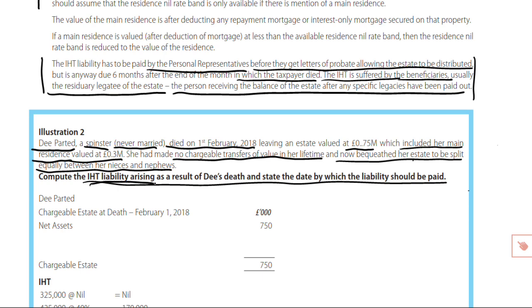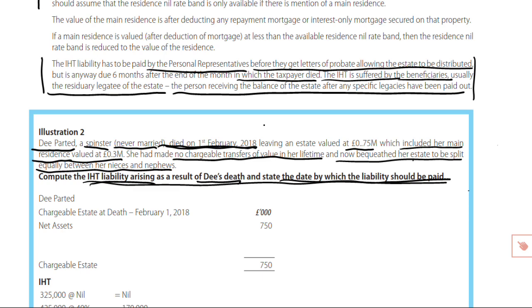So we ought to compute the liability arising as a result of D's death, the date by which the liability should be paid. When did D die? 1st of February 2018. 6 months after the end of the month in which the death occurred. 6 months from the end of February. Well, get your fingers out there and start adding through.